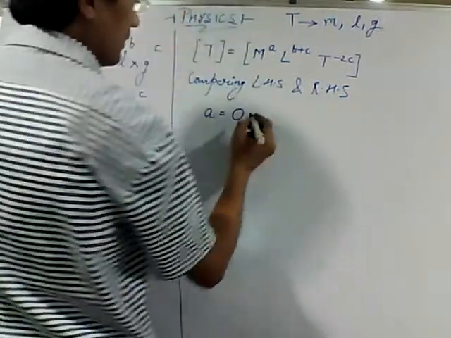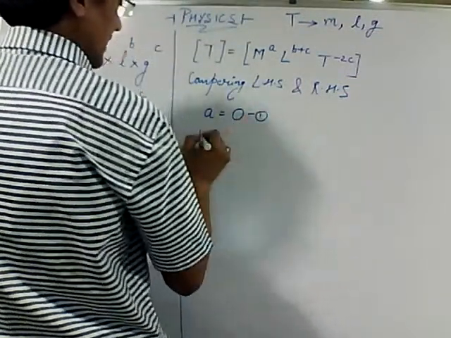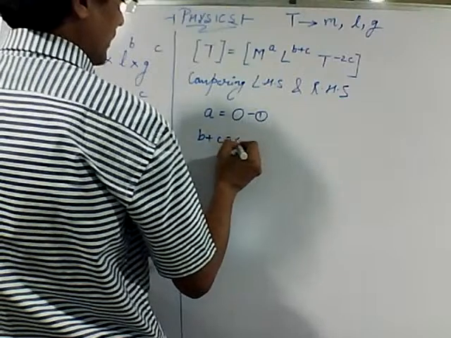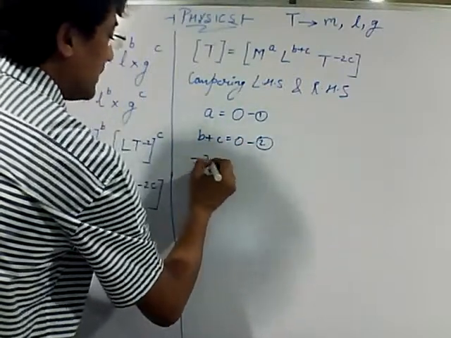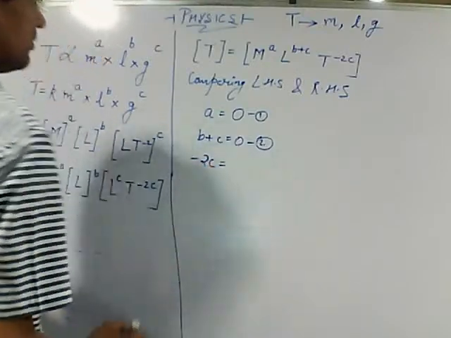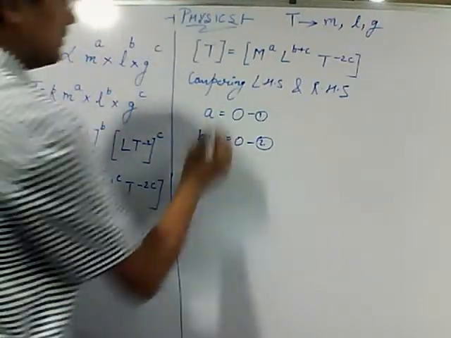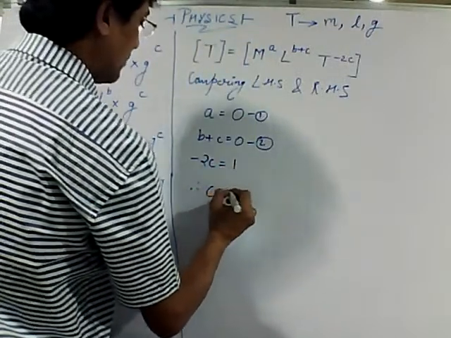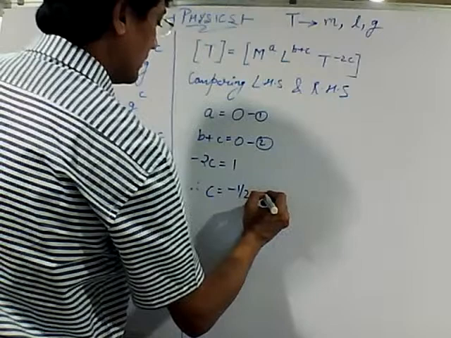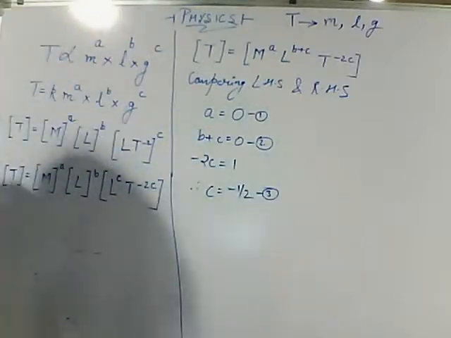We got A is equal to 0, equation 1. We got B plus C is equal to 0, equation 2. We got minus 2C is equal to 1, so C is equal to minus 1 by 2, equation 3.